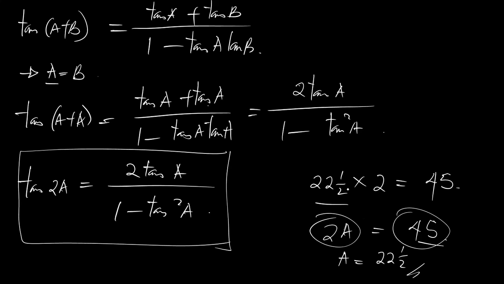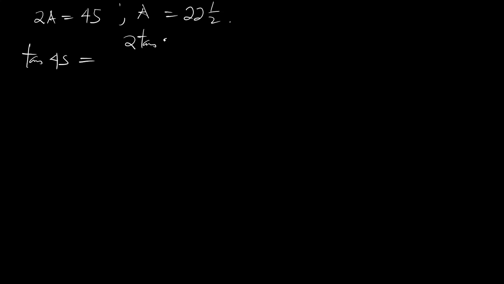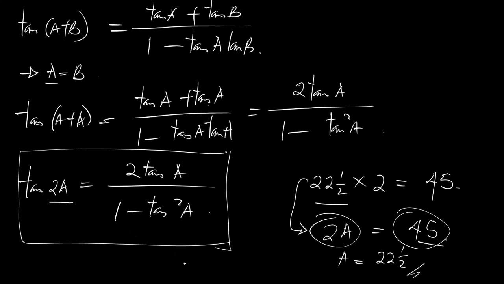So from this understanding, since 2A is equal to 45 and A is equal to 22 and a half, tan 45 is equal to 2 tan 22 and a half divided by 1 minus tan squared 22 and a half, based on this expression here.